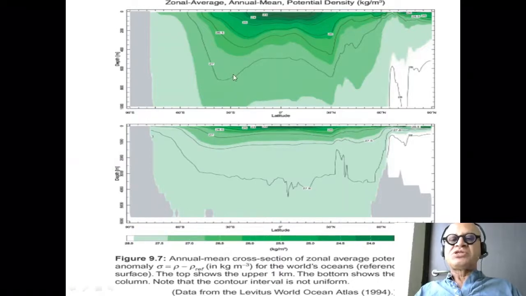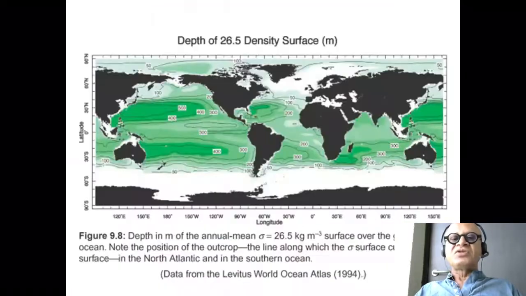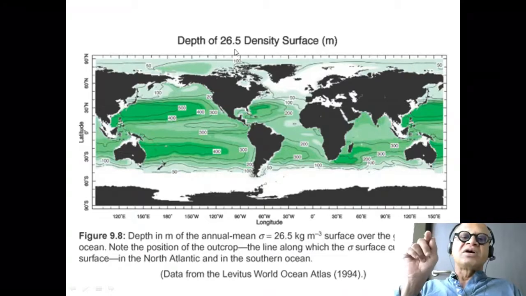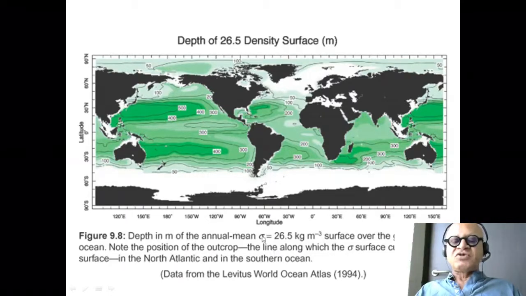This is the potential density, which looks a lot like temperature, because temperature has a heavy control on ocean density in most places. So you can look at a typical density surface. Density of 26.5 basically means sigma of 26.5, as you can see here. In the ocean it's very common to carry sigma rather than total density.